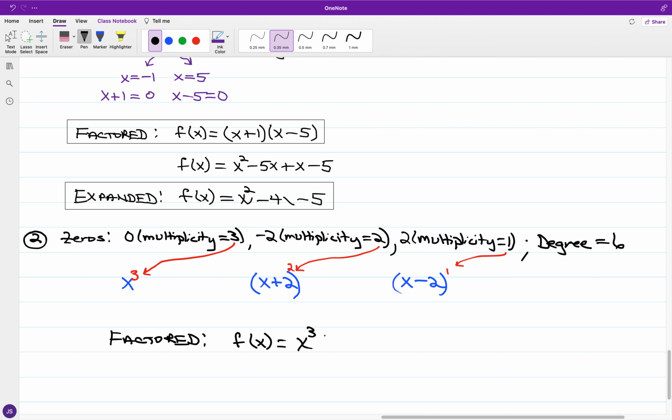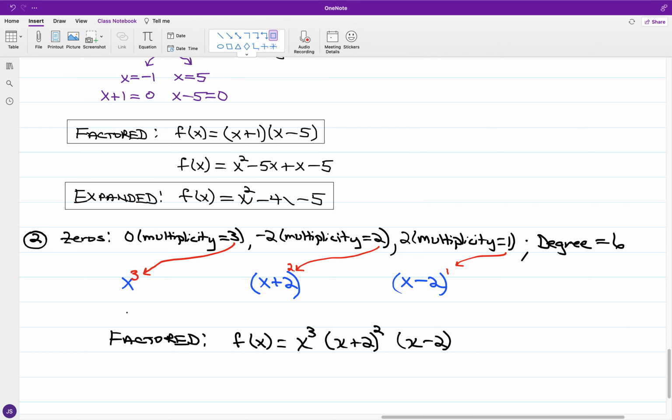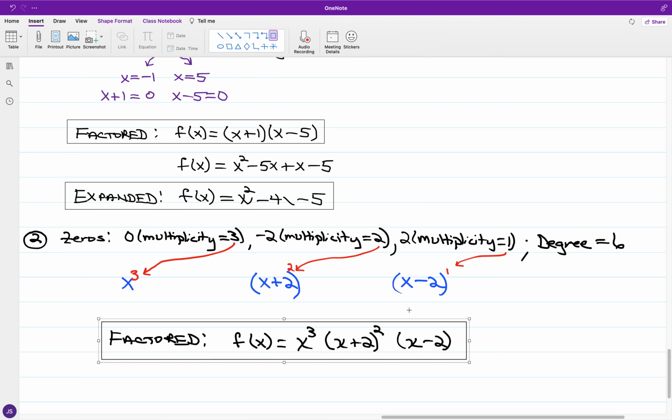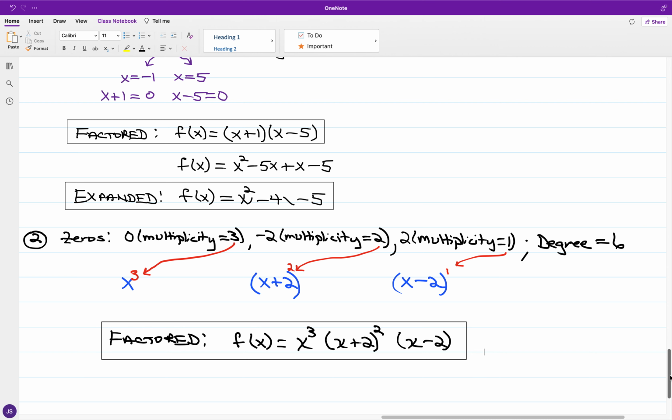And we have times the quantity of x plus 2, which will be raised to the second. Again, we got the 0 at -2. Second degree refers to the multiplicity of -2. And finally, we have x minus 2, which is to the first, and you just leave that as x minus 2. So this is a factored form of a polynomial that has those zeros and multiplicities.